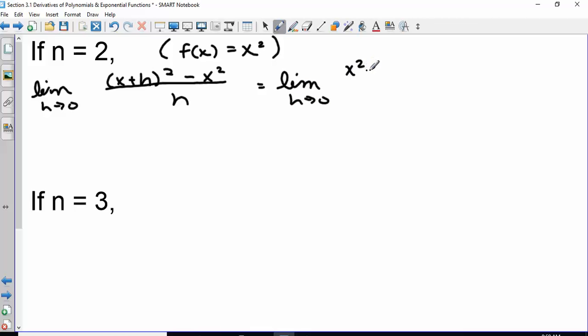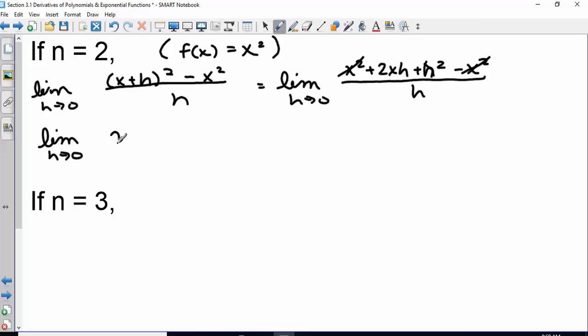So if you FOIL, you get x squared plus 2xh plus h squared minus the x squared. What happens here? X squared cancels. Cancellation of a 2x plus h. So then if you plug in a 0 for your h, you get 2x. So the derivative of x squared is 2x.